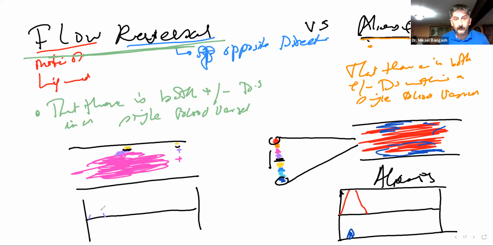So this will be the great positive Doppler shift. Then back to zero. And then this here would have been your flow reversal.